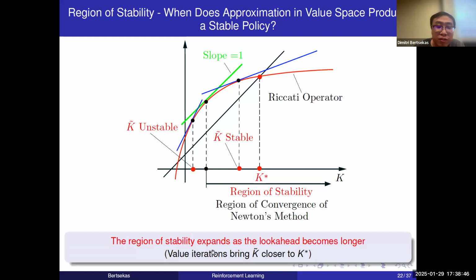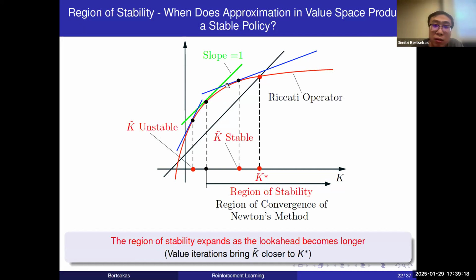The reason is value iteration brings k tilde close to k star. Suppose, at the same k tilde, instead of one-step look ahead, we do two steps look ahead. Starting from here, we first do one value iteration step. That leads us to here. And then from this point on, we do the Newton step.